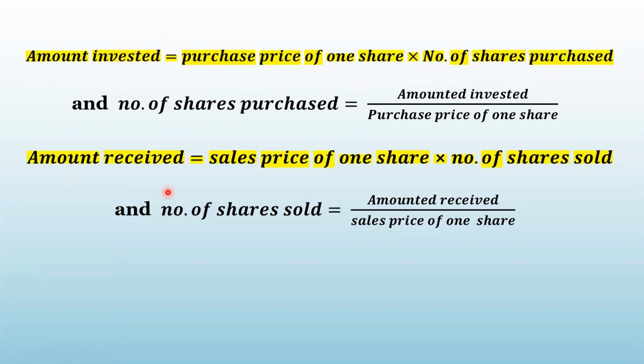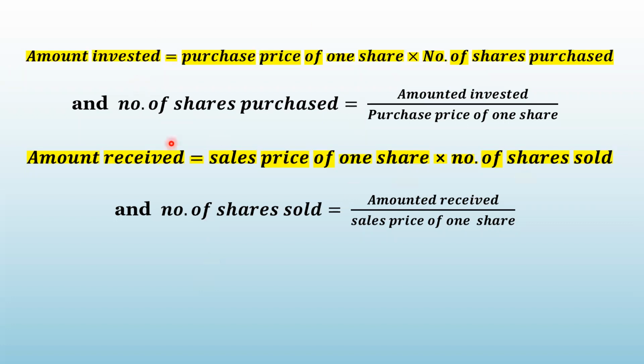Similarly, amount received. When will you receive the amount? When you sell the shares. So here comes the selling price: selling price of one share multiplied by the number of shares sold. And if you have to find out how many shares are sold, it will be the amount received divided by the selling price of one share.